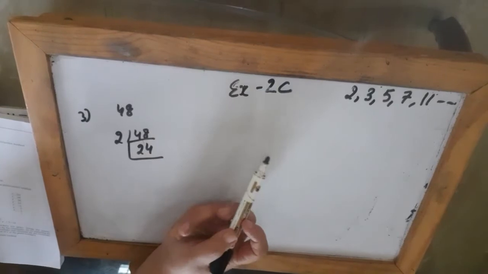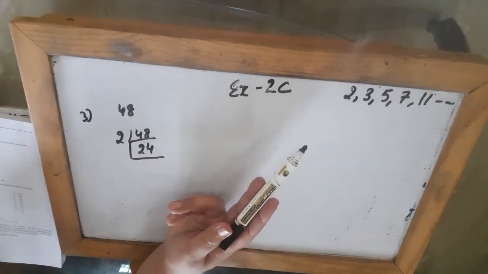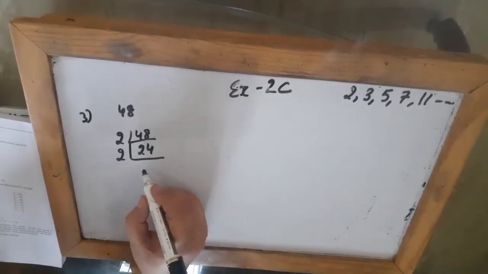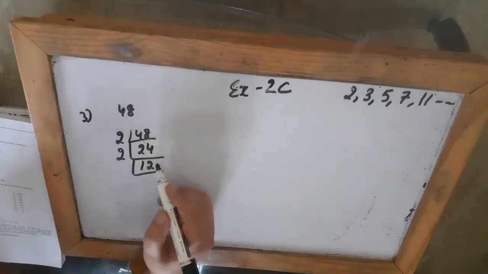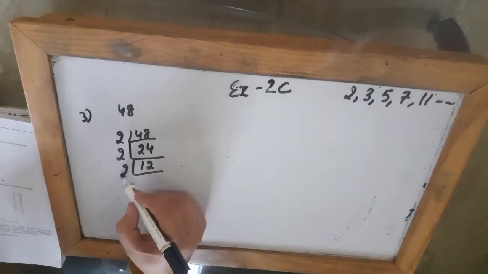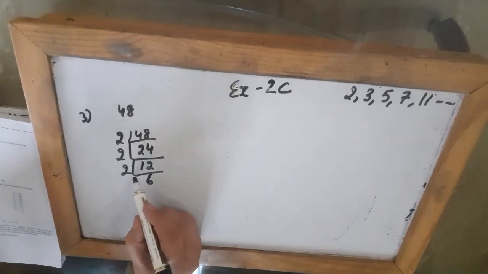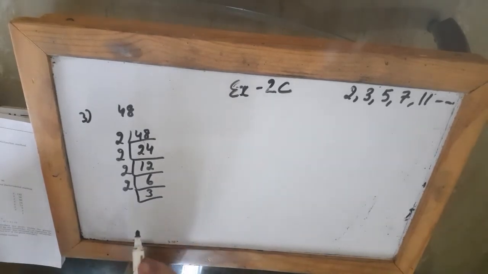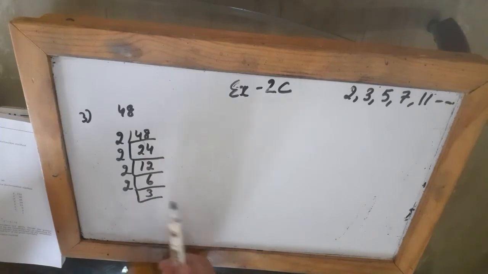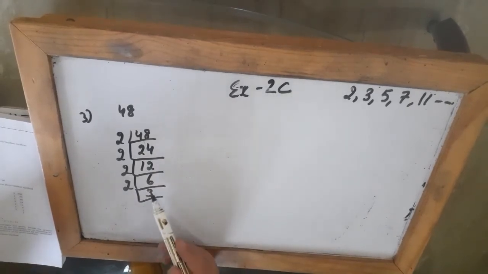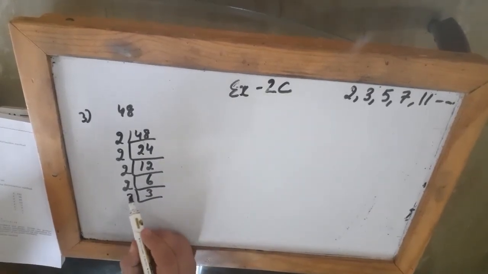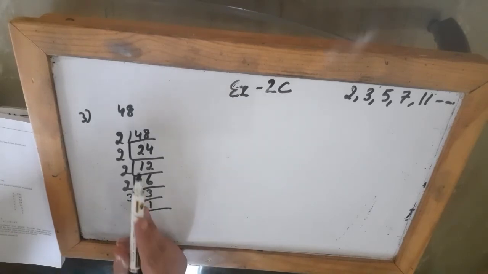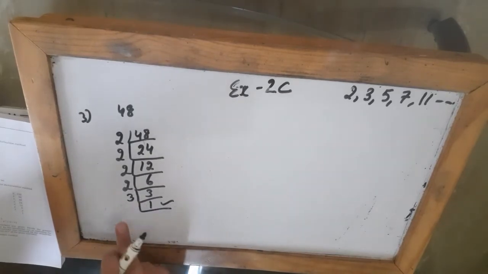Now 24, can I divide by 2? Yes, 2 12s are 24, and 12 again I can divide by 2, 2 6s are 12, and 6 again by 2, 2 3s are 6. Now 3 I cannot divide by 2, and I can divide 3 by 3 only. 3 1s are 3. So you have to continue this till you get 1 at the end.